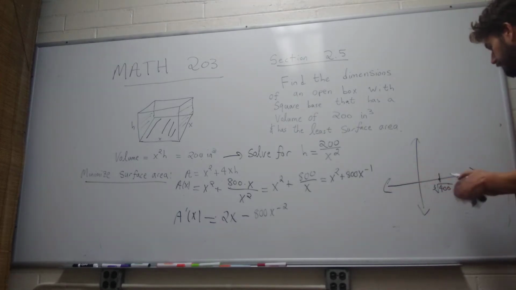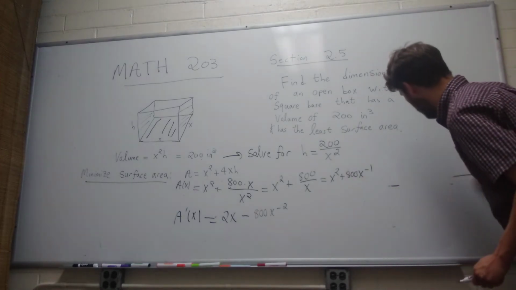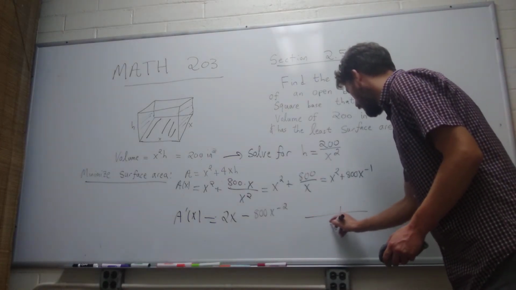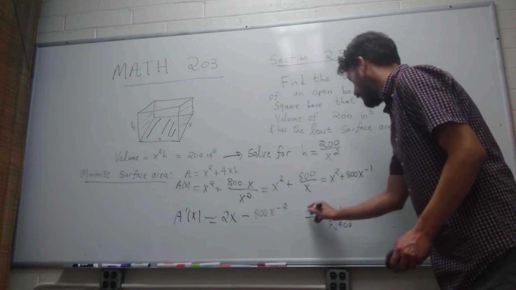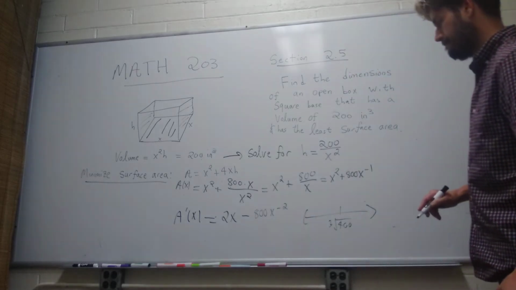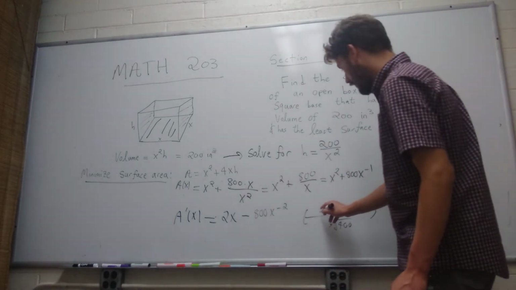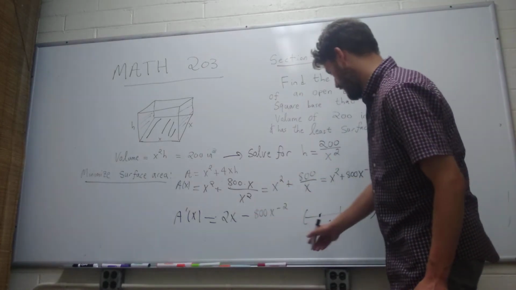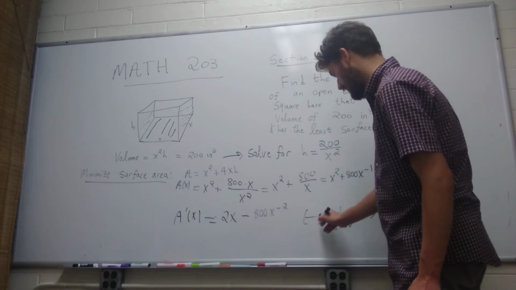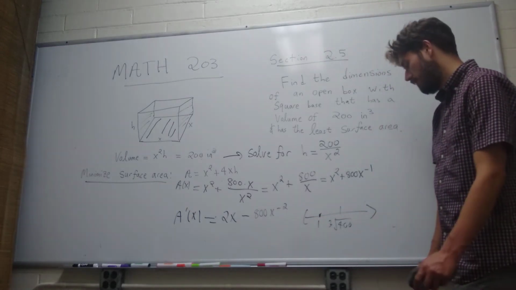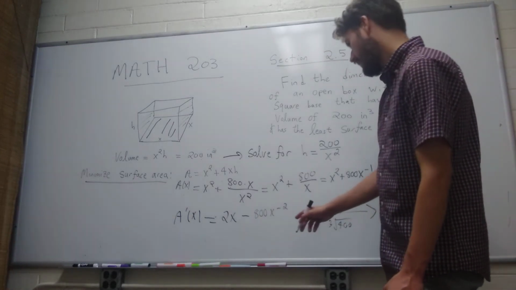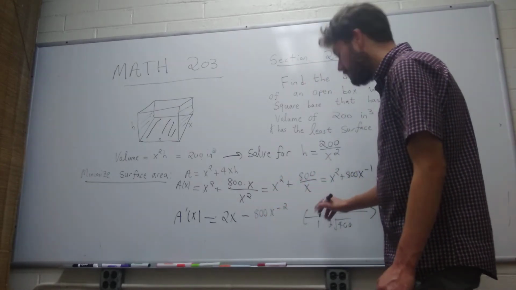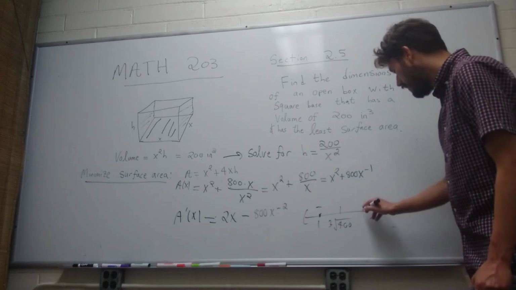If we first just plug in cube root of 400, let's see what's going on. Well, notice here, what's the function doing? Pick your favorite number less than this, let's just say 1. That's going to be less than cube root of 400. This is 2 minus 800 over 1. Well, that's negative. 2 minus 800 is a negative number.